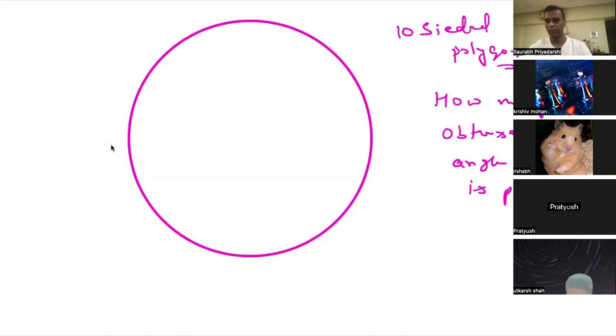This question I have given for an even number of sides. Now, we have to find exactly.